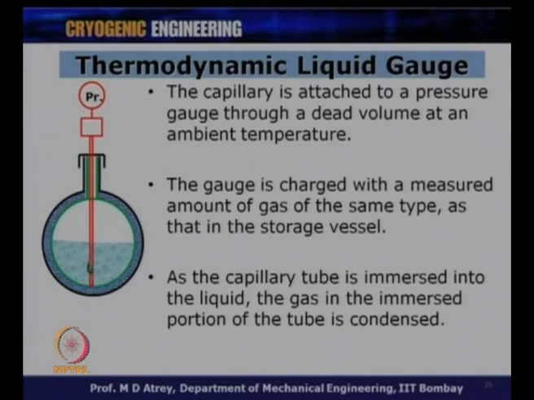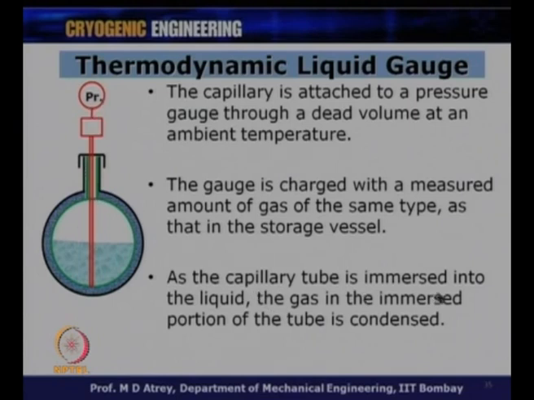If I have nitrogen gas, the outside temperature is going to be 77 Kelvin. Depending on how much of this capillary is in the liquid region, this gas would condense, and accordingly there will be pressure changes, and this is the principle.